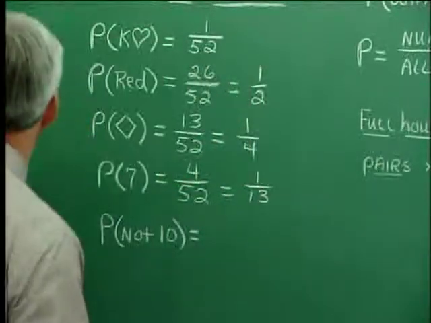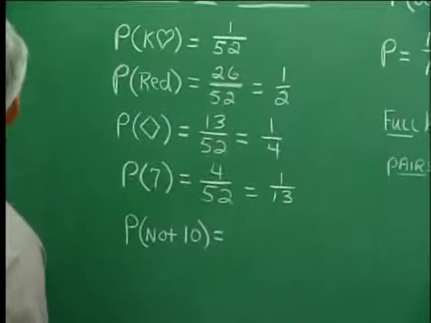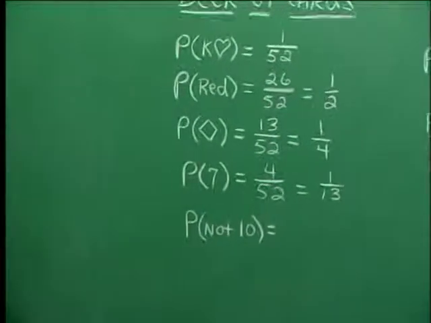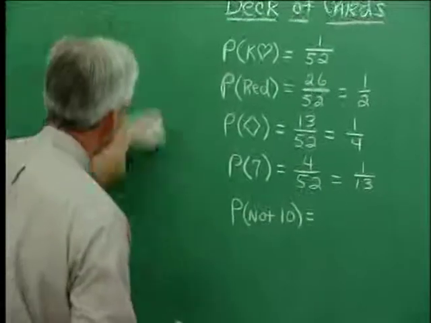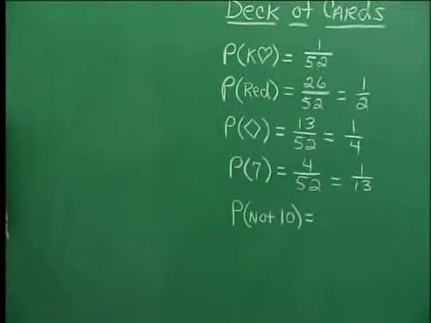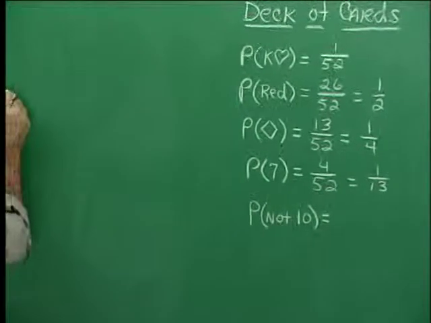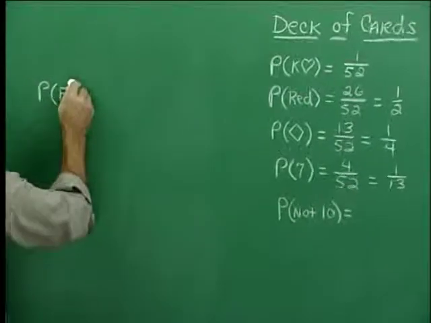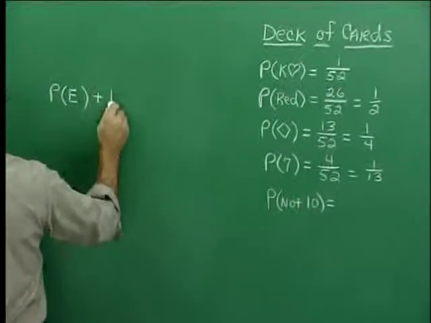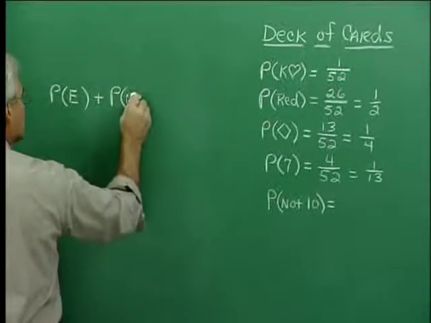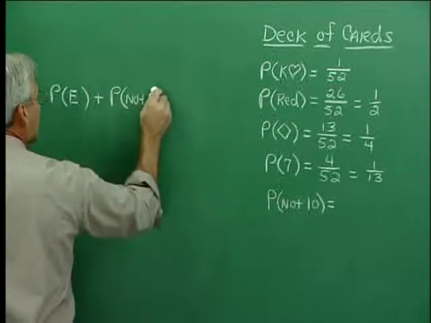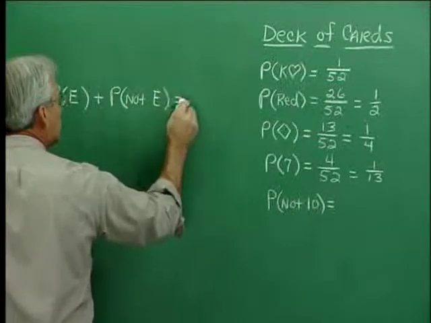Just conceptually, the notion of tens and not tens is the notion of complements adding to 1. That is, the probability of some event plus the probability of not that event occurring is equal to 1.